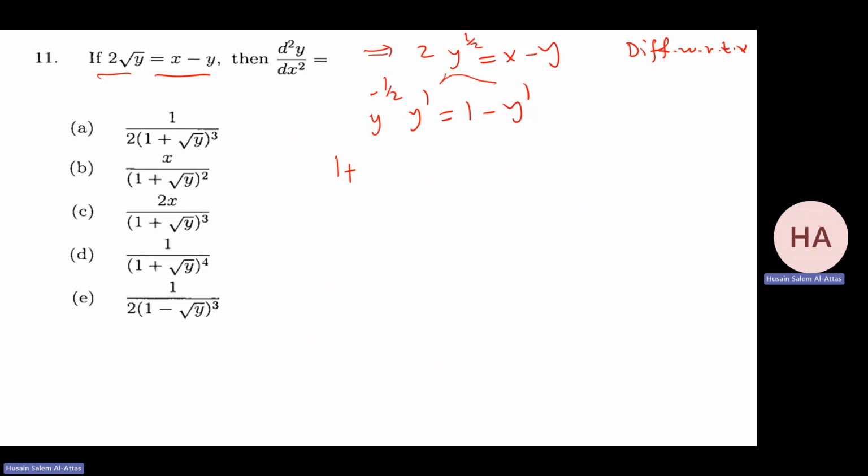I take this to the other side. So it will be 1 plus y to the power minus half times y prime is equal to 1. And y prime is 1 over 1 plus 1 over root y.